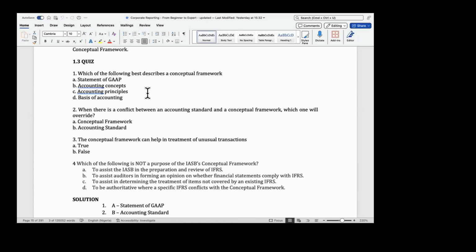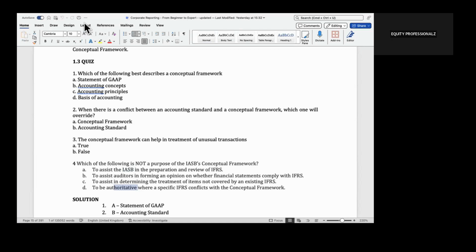I think D. Yes, the answer is D. That's really one that is not, because it helps the IASB, it helps the auditors, it helps in the treatment of unusual transactions. This is not the one. Okay, please show that you are following.